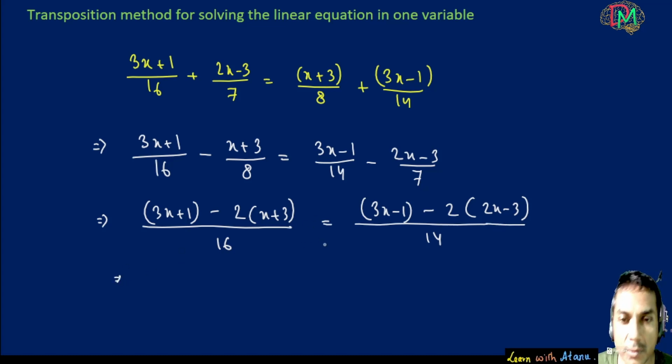Next, you can also simplify this by removing the common factor, that is 7, and here 8.